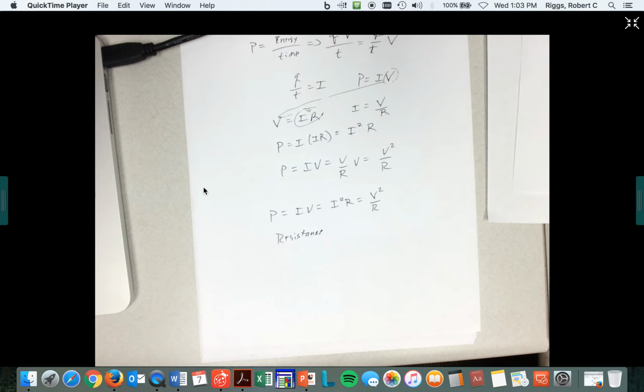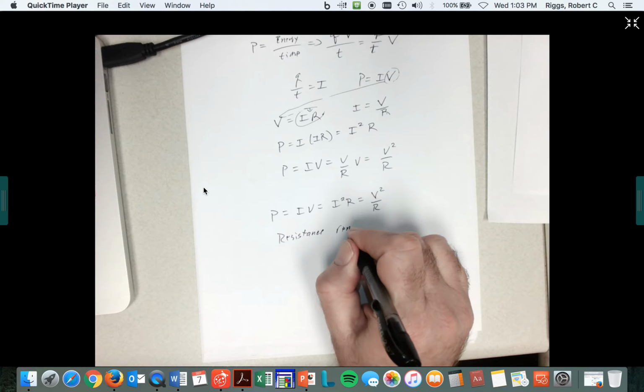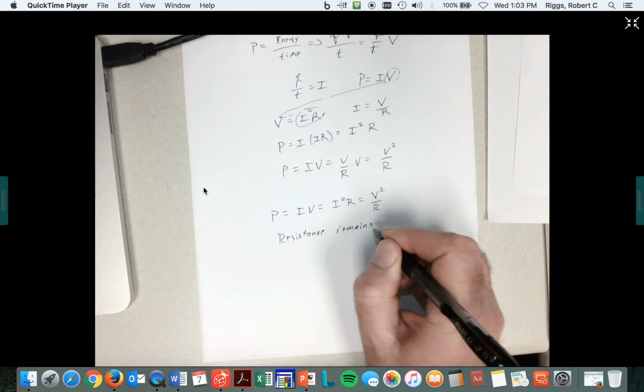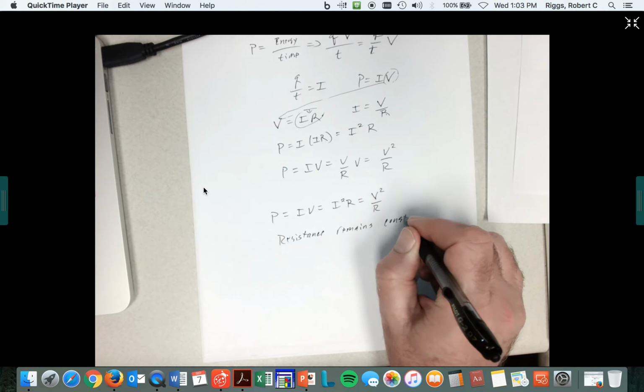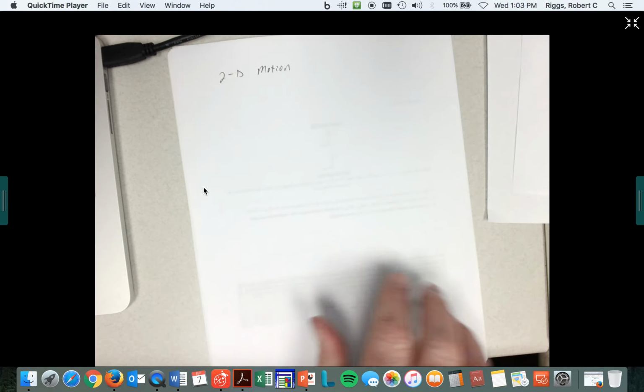But we just did a whole thing on where resistance goes up and down, fluctuates with temperature. Resistance remains constant. So, what are you buying from the electric company? You're buying energy.